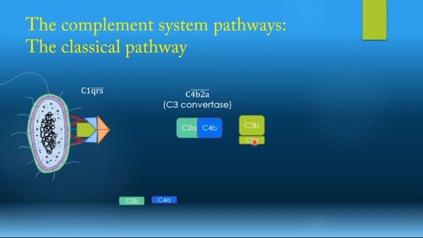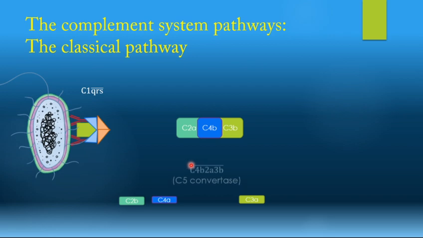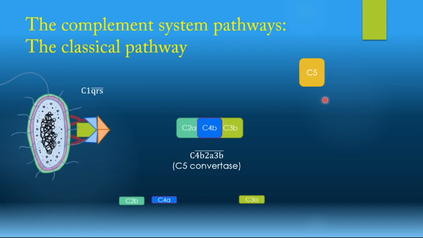And once that is done, the C3a, of course, will go into the bloodstream and work as normal, while C3b will bind to the C3 convertase, forming C5 convertase, which in the context of the classical pathway is C4b2a3b. Okay, and now C5 convertase will basically cleave a C5 molecule into C5b and C5a.